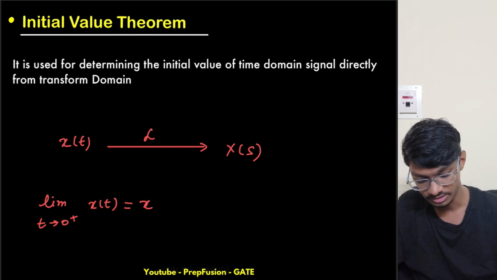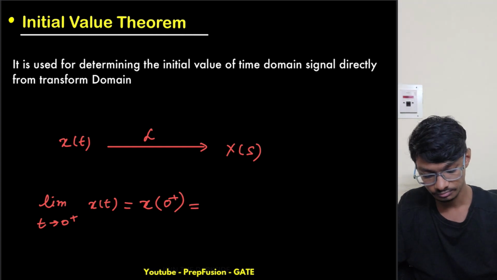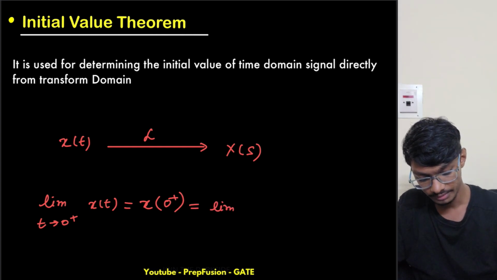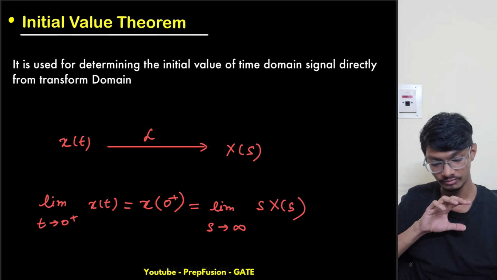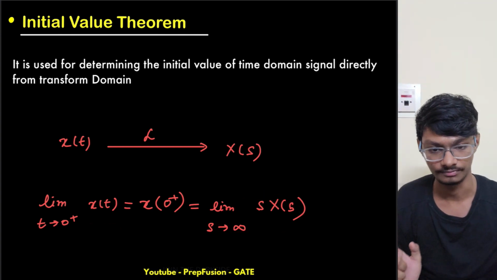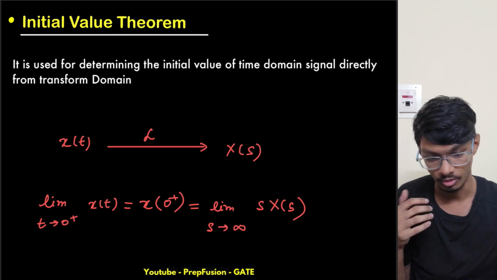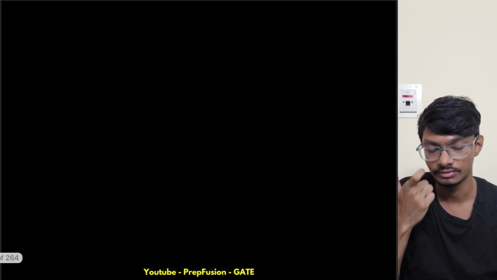It will be x of 0 plus only, which will be equal to the limit s tending to infinity of s times x of s. So from the Laplace domain we can find information about the initial value of the time domain signal. This is another important property, the initial value theorem. Now let us do a few examples and there we'll understand.